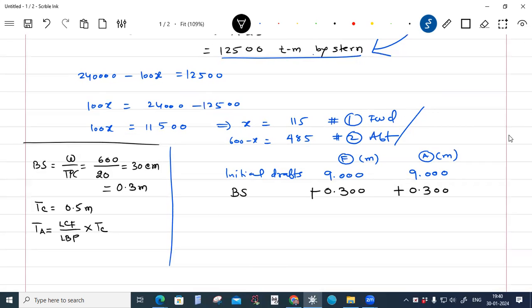These are the formulas. But you know the relationship between LCF and LBP: that is midship. If this is the length L, the center of flotation is at L by 2. So this is nothing but TC by 2 for TA, and TF, forward, is also TC by 2. Both become half. Midship, right?